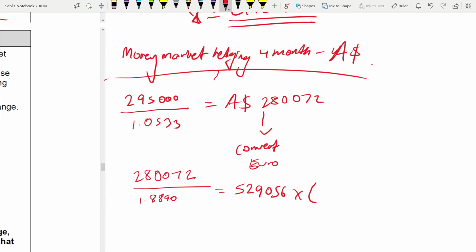You deposit in euro, so it was 3.83%. So 1 plus 3.83% will be 1.0383. It's recurring, no need to put 33333. So at the end, this will be your euro amount, 549,319. Everything has to be in euro, same currency. Now see, under 4 months, which is giving you the higher receipt. This is a receipt, so you want higher. This is 549,319 using money market.